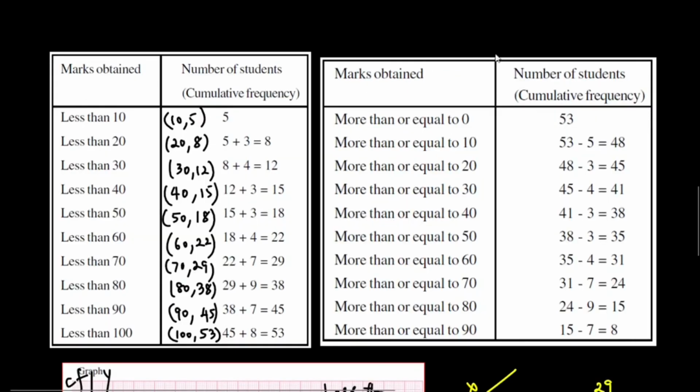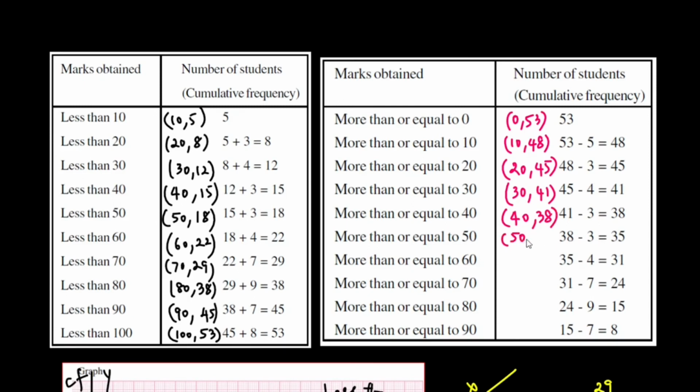The points for the more than type ogive curve are 0, 53; 10, 48; 20, 45; 30, 41; 40, 38; 50, 35; 60, 31; 70, 24; 80, 15; 90, 8.